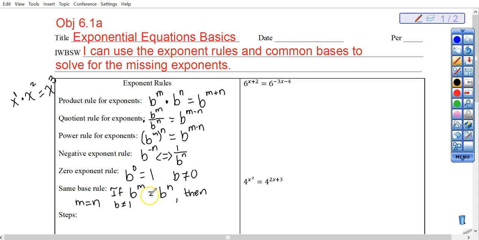And so we will be using this rule often. You can see it in this example here where we have two bases that are the same, and if their bases are the same, then their exponents are equivalent. That's basically what that rule says.